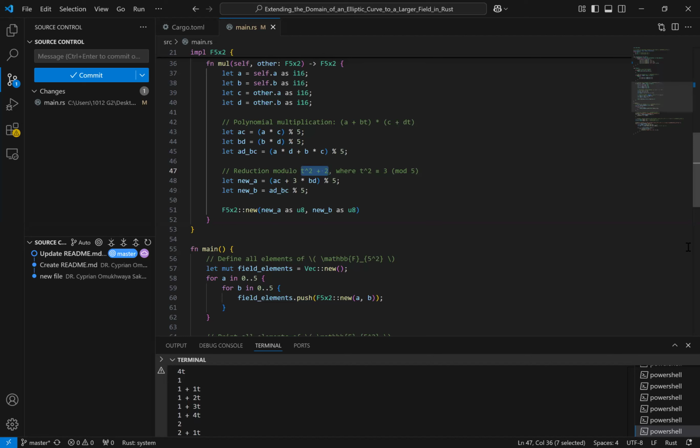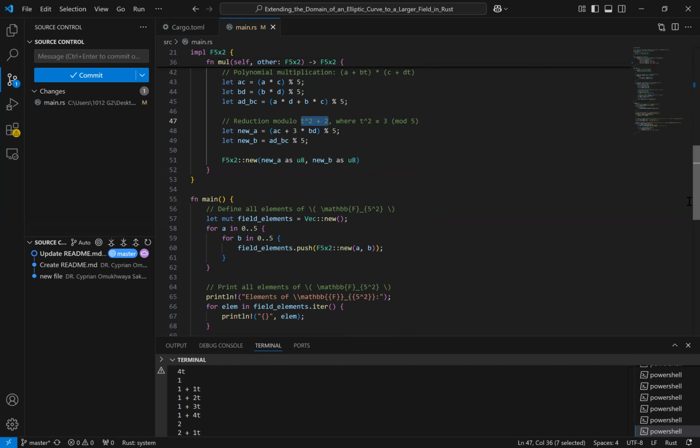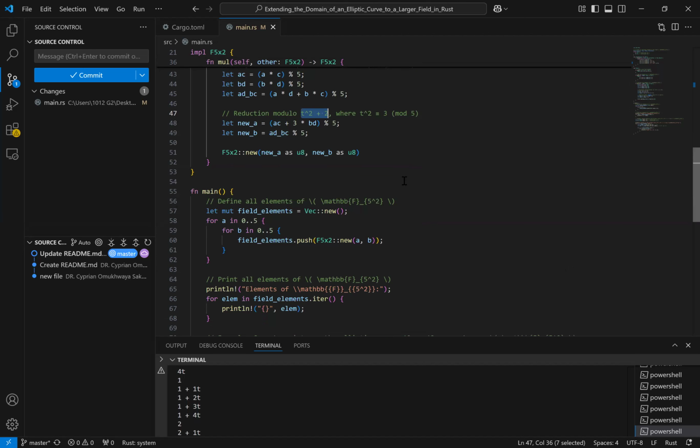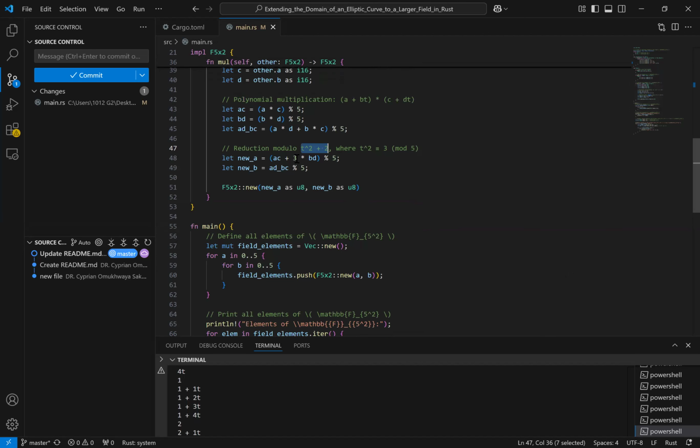Then it will replace that once you've given it the polynomial. And that's what I've done here. You're not seeing that this is -2. I was forgetting to explain that. So supposing that this is -2, -2 mod 5 is 3.